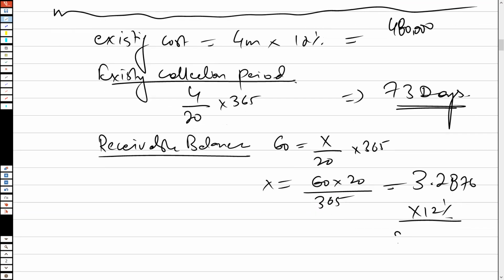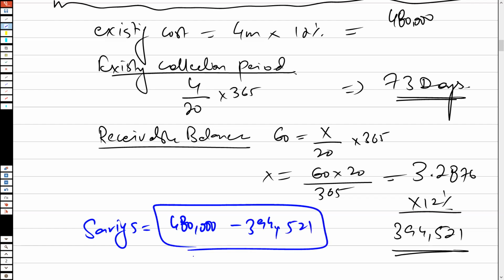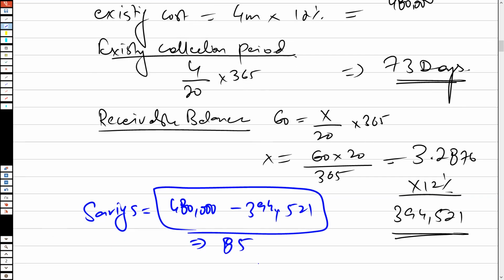So resultingly, it's 394,521. Hence, the savings that are going to arise are 480,000 minus 394,521, which is 85,479.